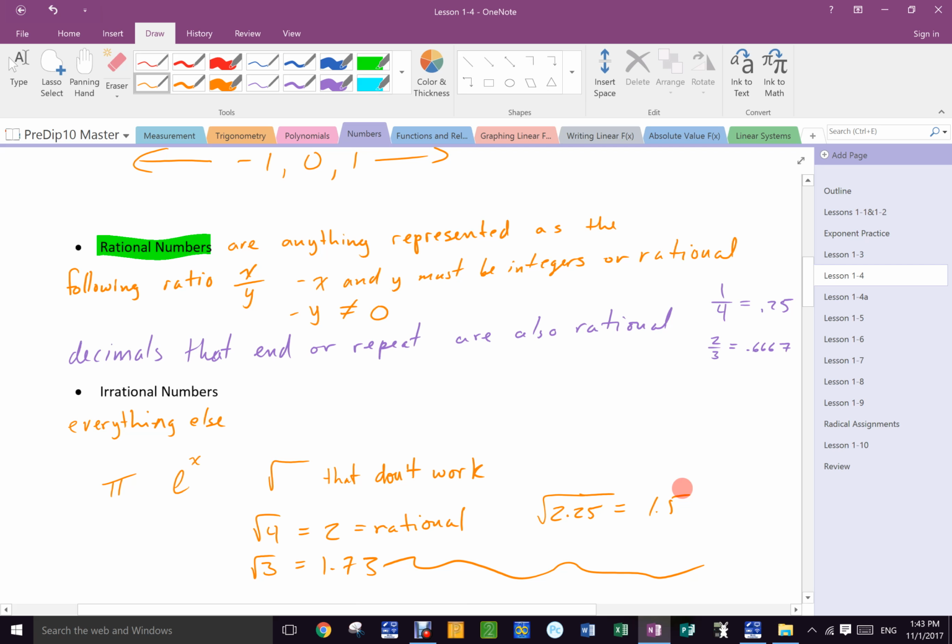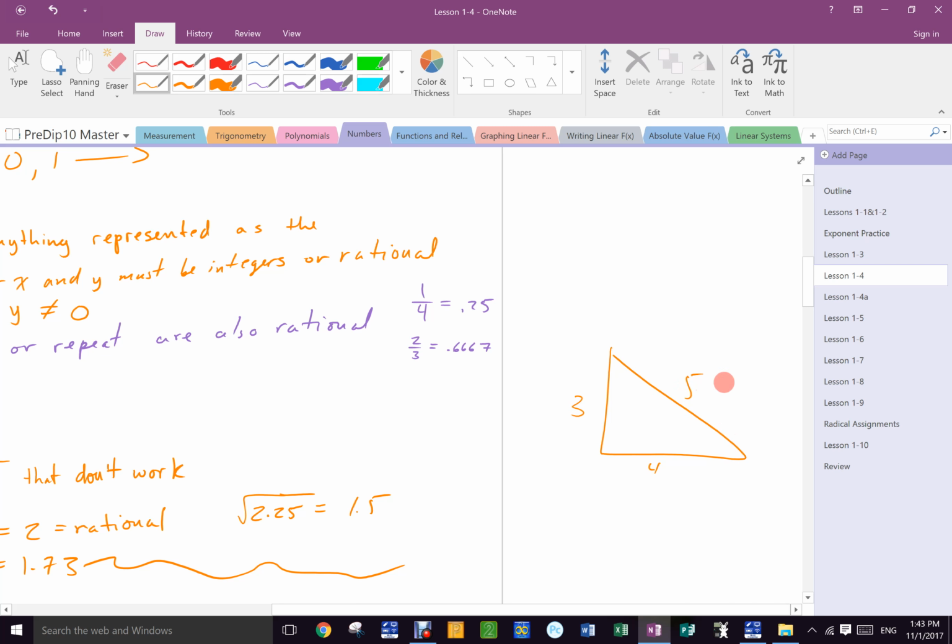Mr. McCarr, what about sine of 10? So they're irrational too, right? Okay. Let me give you an example of that. 3, 4, 5. If that's theta, the tan of theta is 0.75, right?